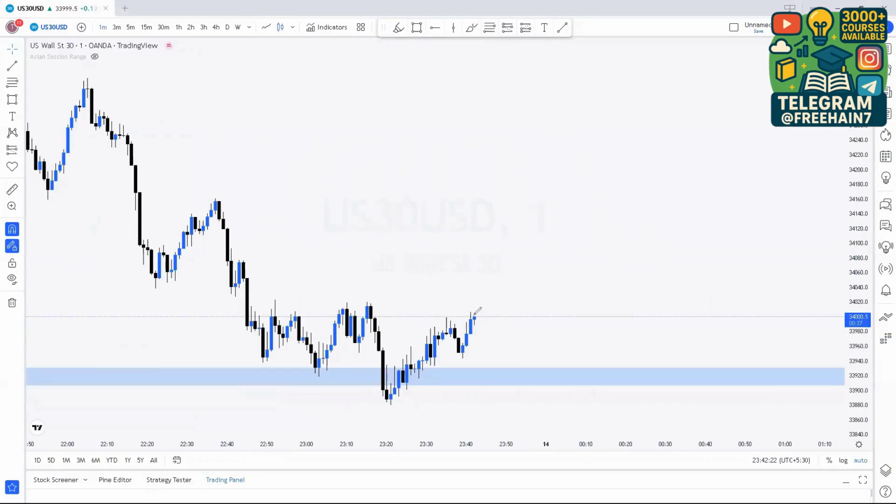There might be a move where it can still come down, but just to be safe, we won't be selling so low that there might be retracements and might take us out that easily. This is clear?